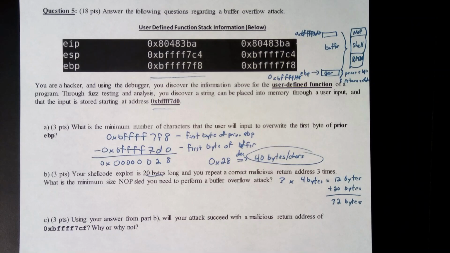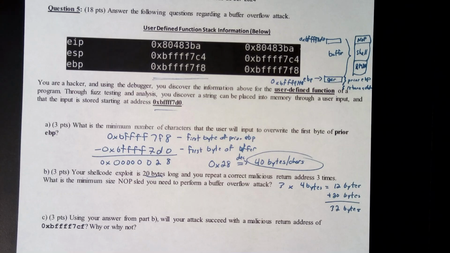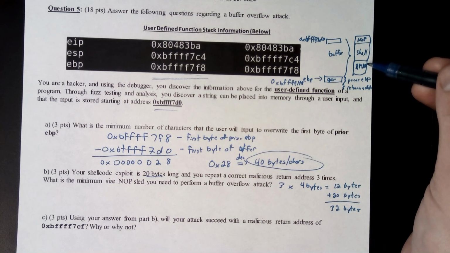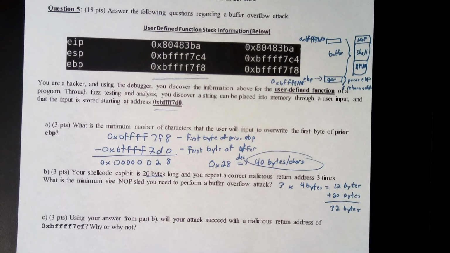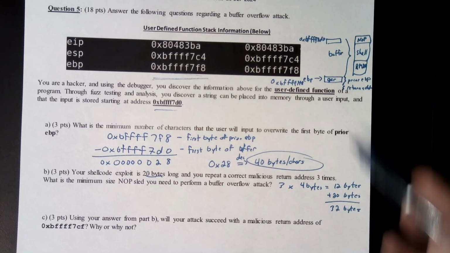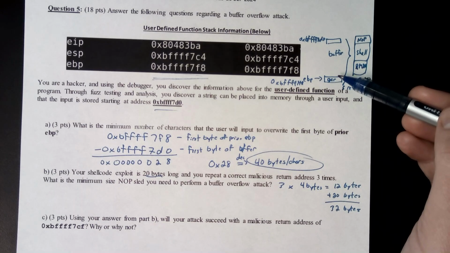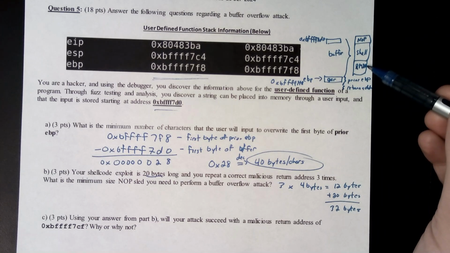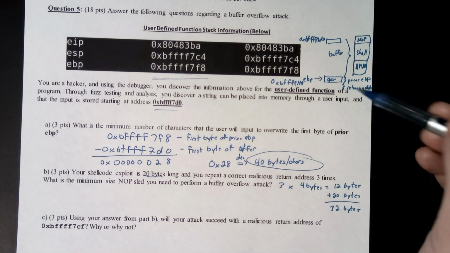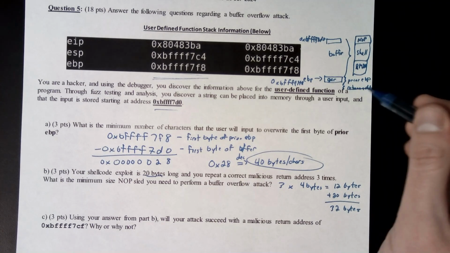And so we're almost there. We know that within the buffer we have 8 bytes of space left, but we need to remember that this malicious return address has to overwrite the return address itself, right? So we need to not only overwrite the full 40 bytes of the buffer, but write into the return address so that one of those malicious return addresses overwrites our actual return address.